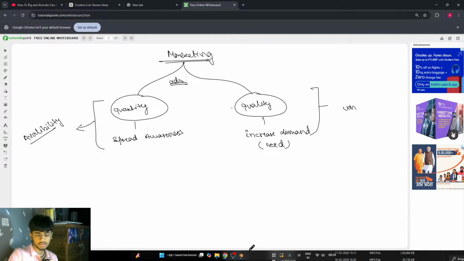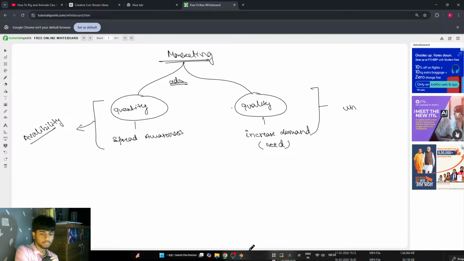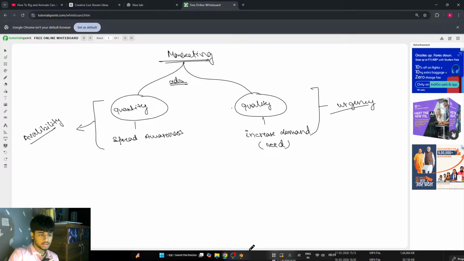Urgency, we can say. We can consider it as urgency. So quantity is like, if there is a brand, and this is the product of the brand.